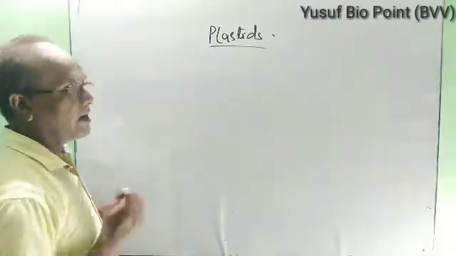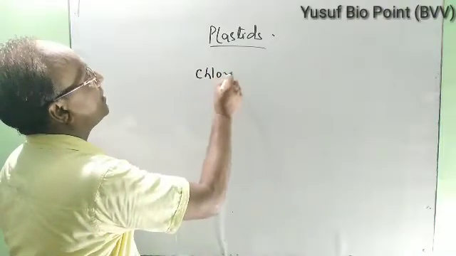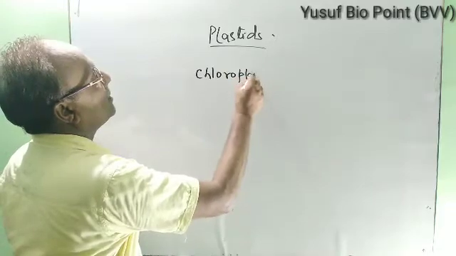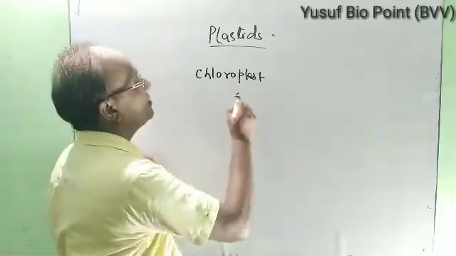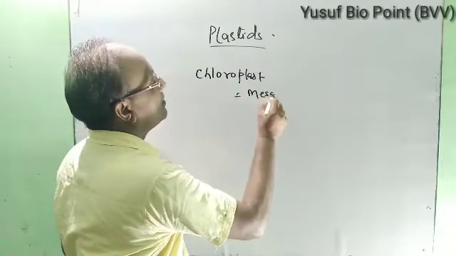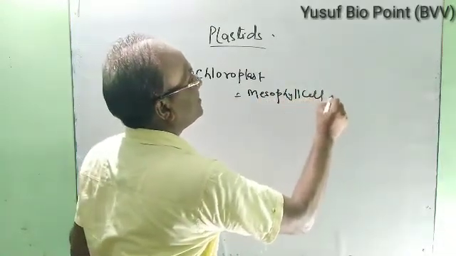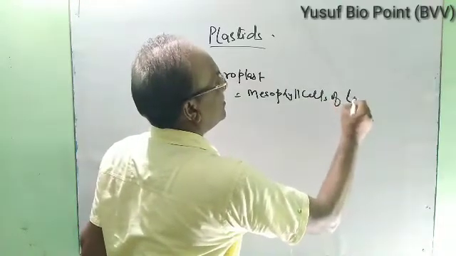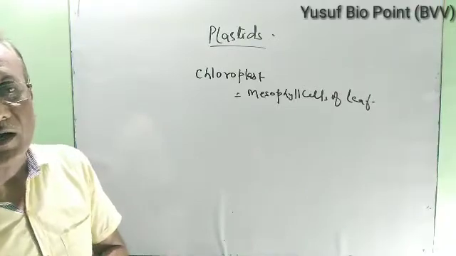Now we shall discuss chloroplast. It is found mainly in the mesophyll cells of the leaf.